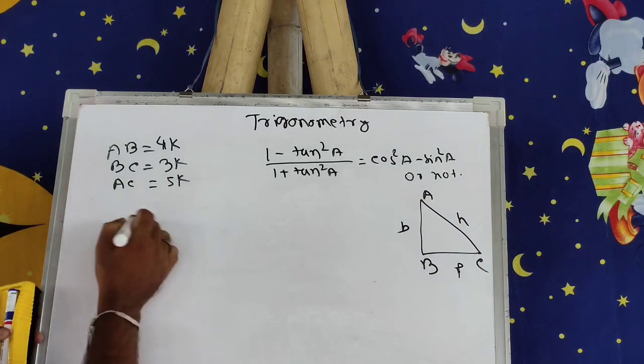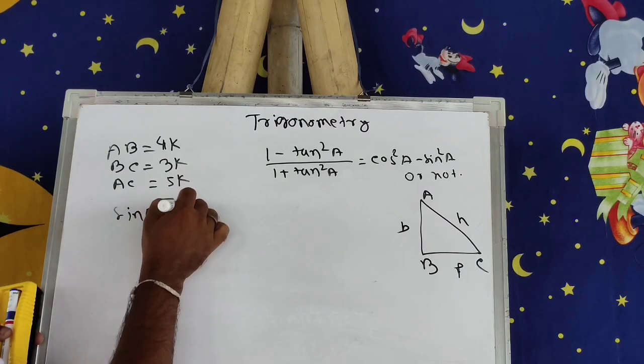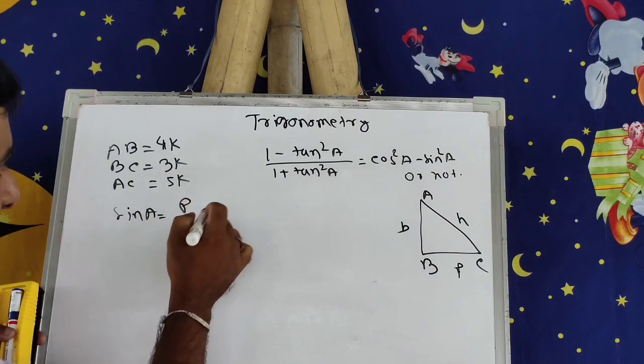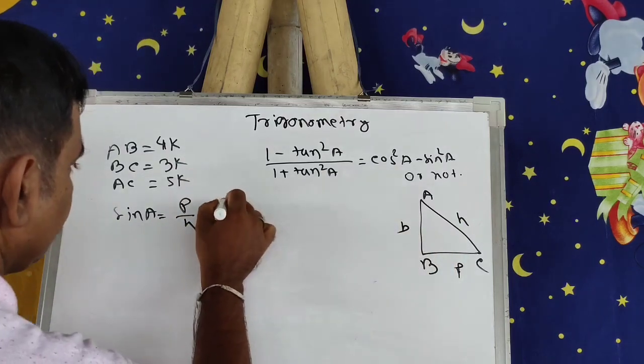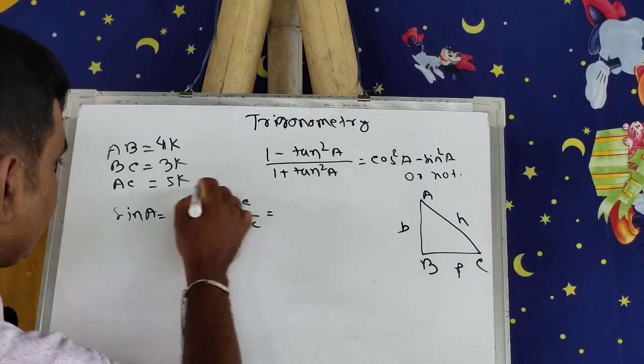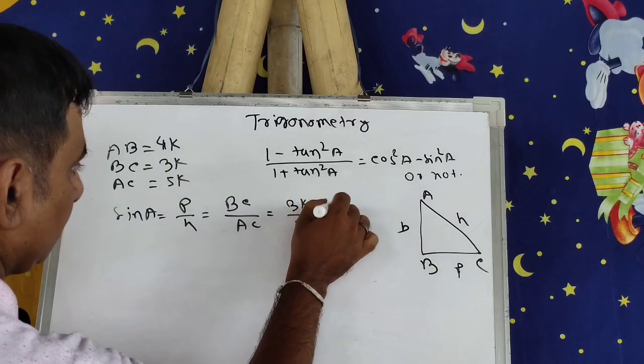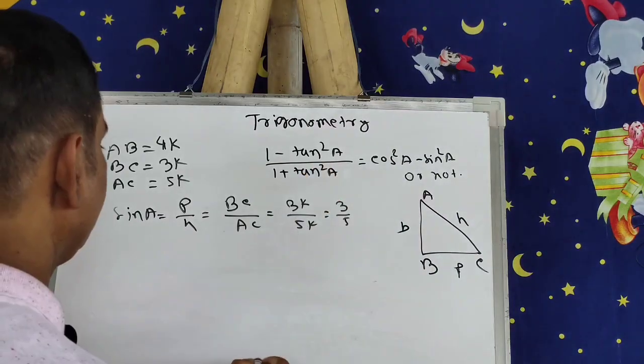So now sin A equal to P by H. P means BC by AC. BC means 3K by 5K equal to 3 by 5.